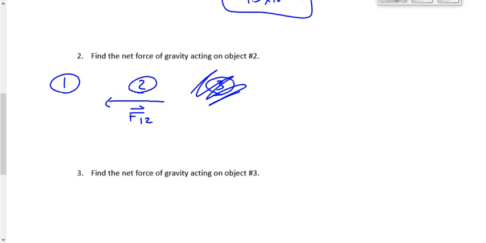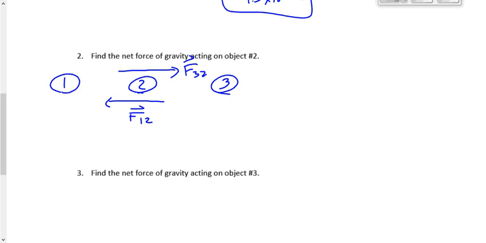Now, 1 is attracted to number 2 as well, right? But we don't care in this question because we're not trying to find the force on number 1. In the last question, we wanted to find the force on number 1. Here we want to find the force on number 2. Now, number 3 is there. Let's pretend 1 doesn't exist. 2 and 3 attract each other. Therefore, 2 is pulled towards number 3. I'm going to call that F32, the force of 3 on 2.